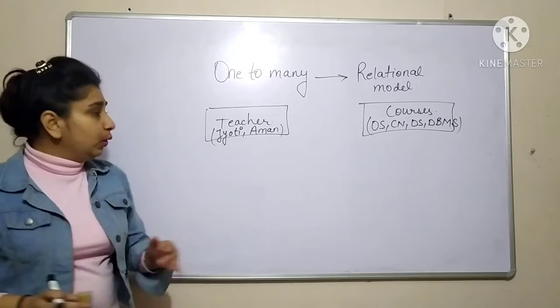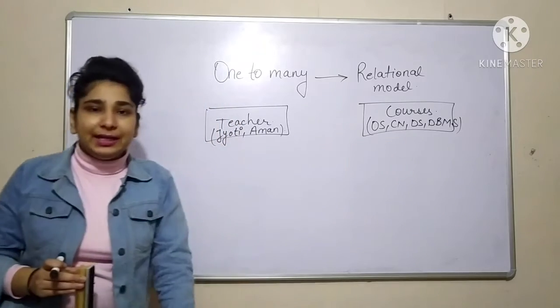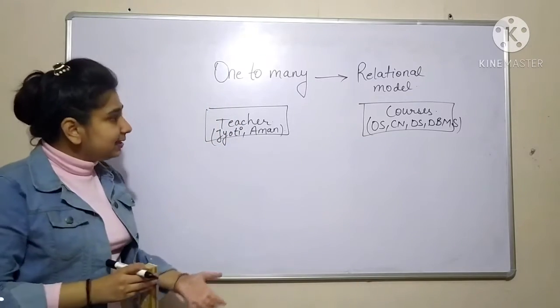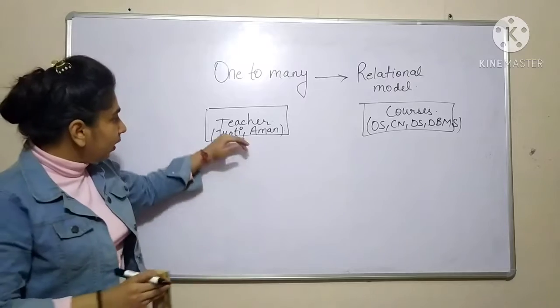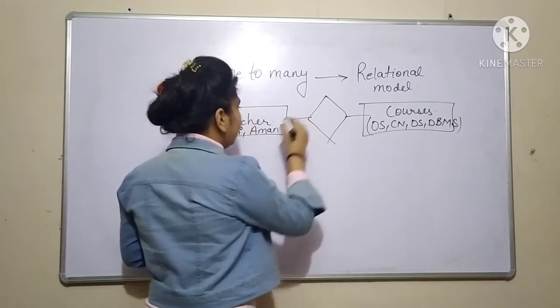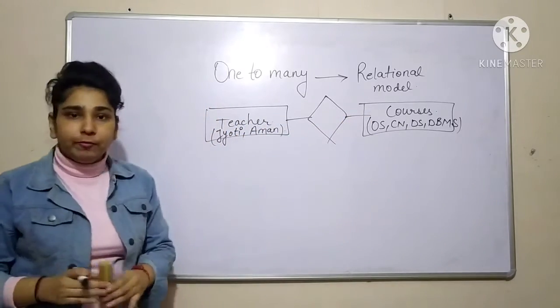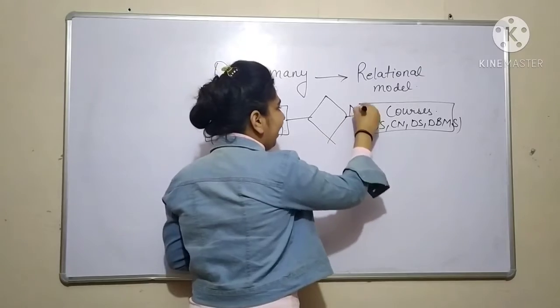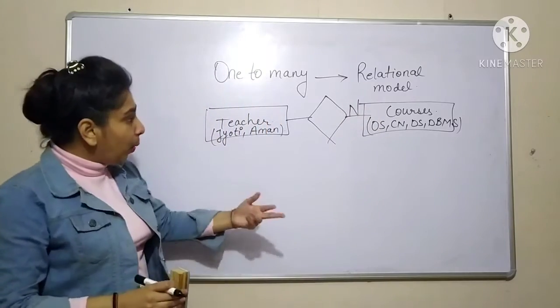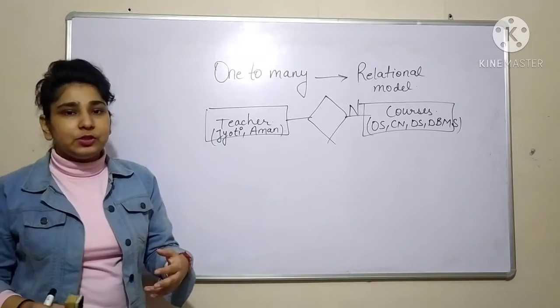So what kind of relationship do we have between teacher and courses? It is one-to-many. One teacher can teach many courses, and one course could be taught by only one teacher.